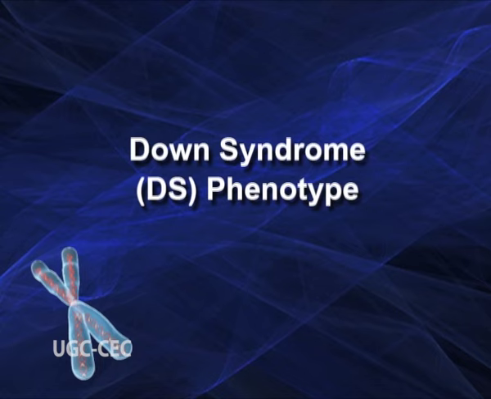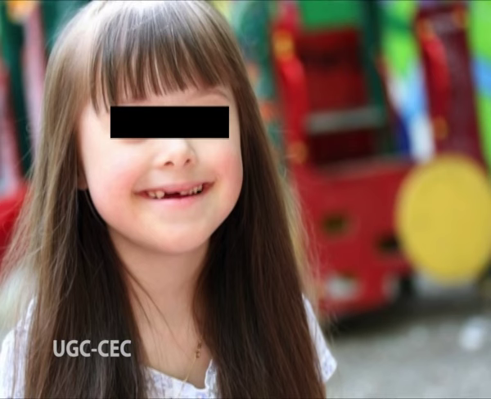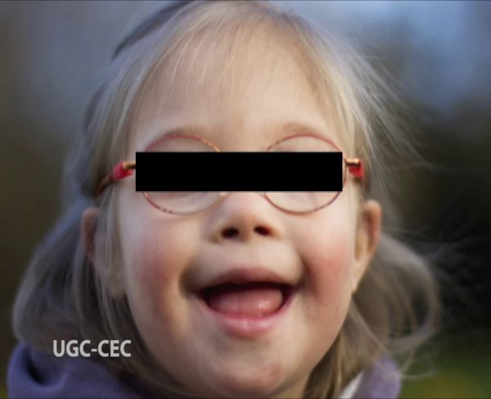The Down syndrome, DS, phenotype. Many phenotypic characteristics have been associated with Down syndrome. A few dozen of these traits are present in most children suffering from this disorder, and many of them appear as siblings at a first glance.